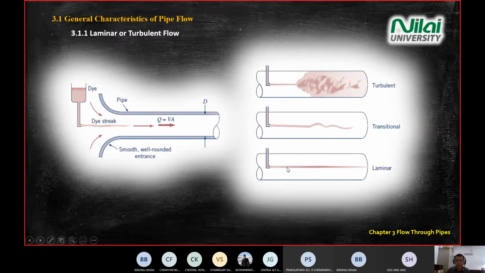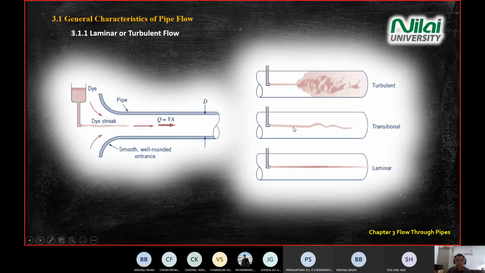The dye will go in just one straight line, like the picture I showed you just now on the slides. The transition from laminar to turbulent is called transitional flow. It is the stage where laminar transits to become turbulent.